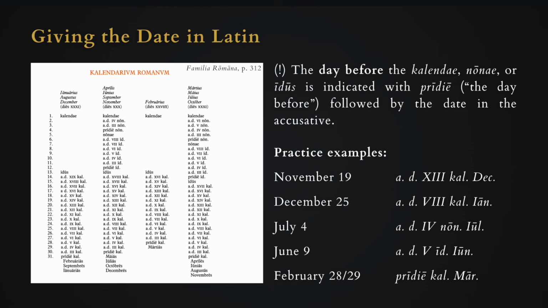Then try to use, let's say, the inductive method and try to count on your own. All right, just remember inclusive counting. One fun suggestion maybe for you to practice the dating is to actually send emails and add the date of that email in Latin. That's a fun idea, maybe. A little bit geek, but why not?